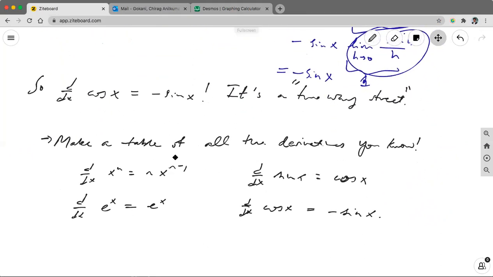I urge you, as you go through your calculus class, to make a table of all the derivatives you know. We found the derivative of the power, the exponent, and sine and cosine. So I'll give you just 10 seconds to copy this down, and to ask any questions if you want.